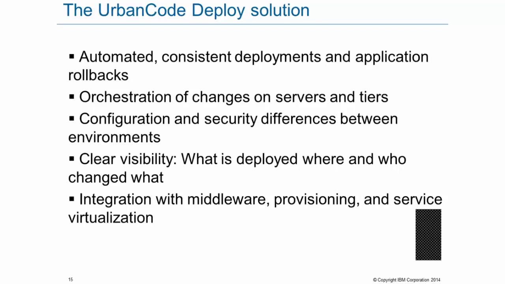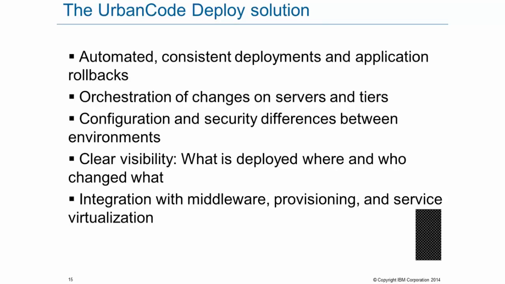Urbancode Deploy also solves the issue of who can deploy to what environments. This is security around, for example, if you have dev, UAT, staging and production, as you go up to the higher-level environments, you may have to have security as far as what role is allowed to deploy to those. The solution provides for that.